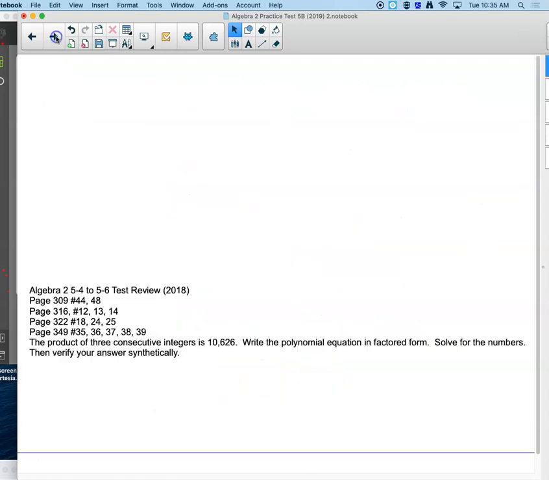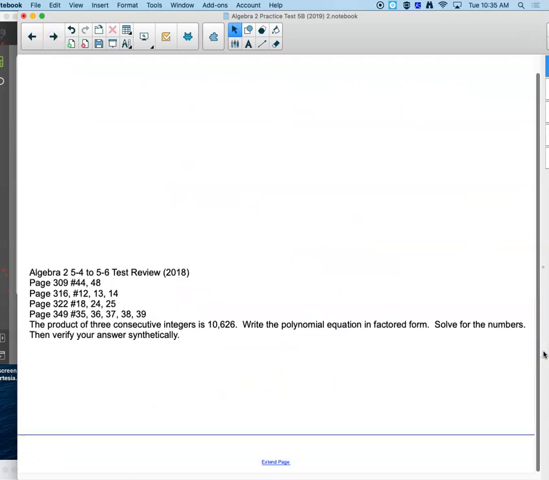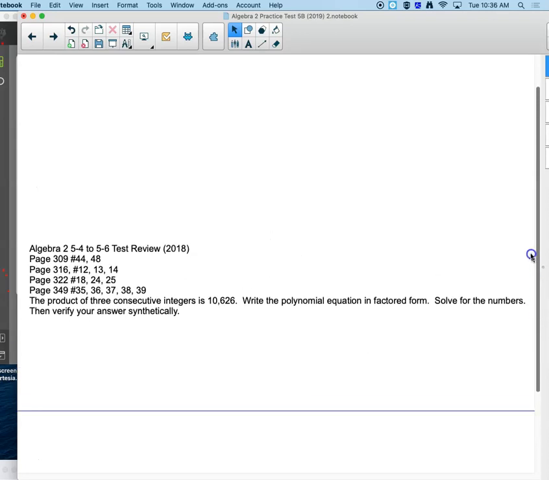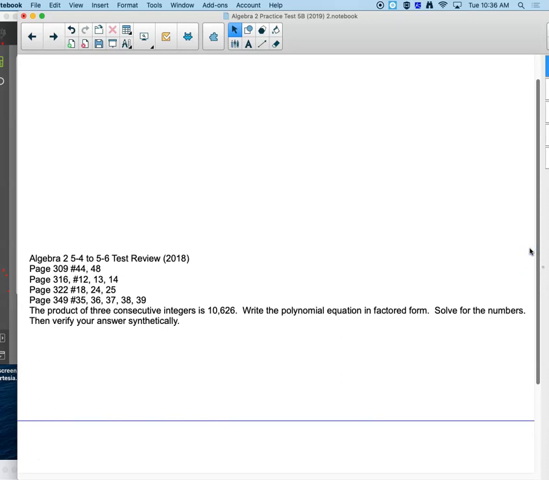So here is the assignment. It's 14 problems long, I think. Let me double check. 1, 2, 3, 4, 5, 6, 7, 8, 9, 10, 11, 12, 13, 14. And don't forget to do this last one that talks about the consecutive integers. Make sure that you have that one on there.